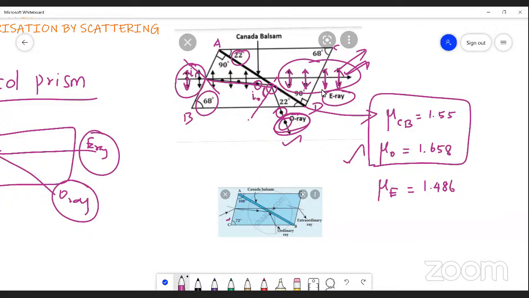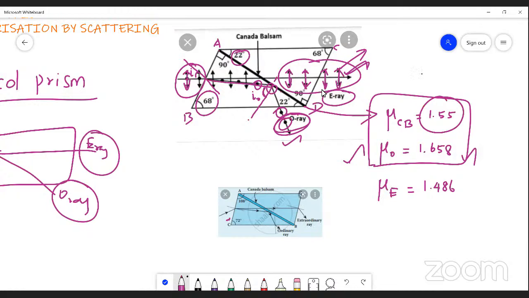So the Canada balsam acts as a rarer medium. Am I right? Yes, sir. Rarer medium for the ordinary ray, because the ordinary ray refractive index is 1.658. Am I right? Yes, sir.